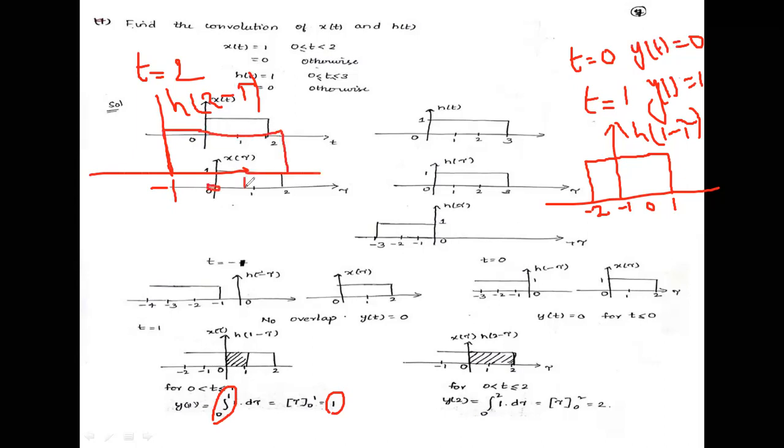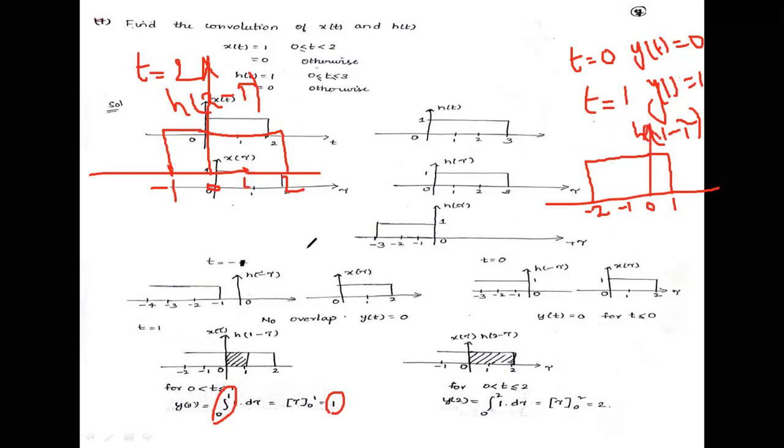So 0, 1 and 2. Here the arrow mark is here itself, my students. The arrow mark is here. There is no need of the value minus 1. And here also the arrow mark shows the 0.